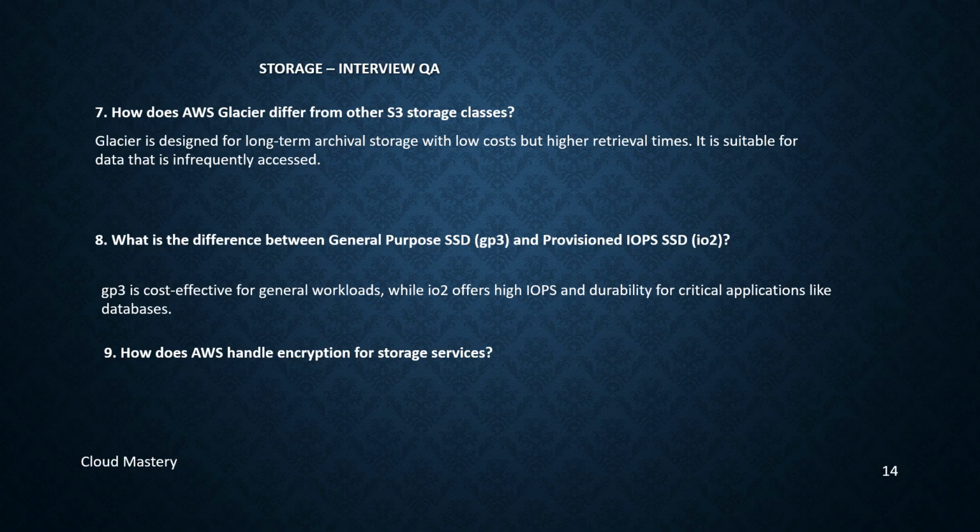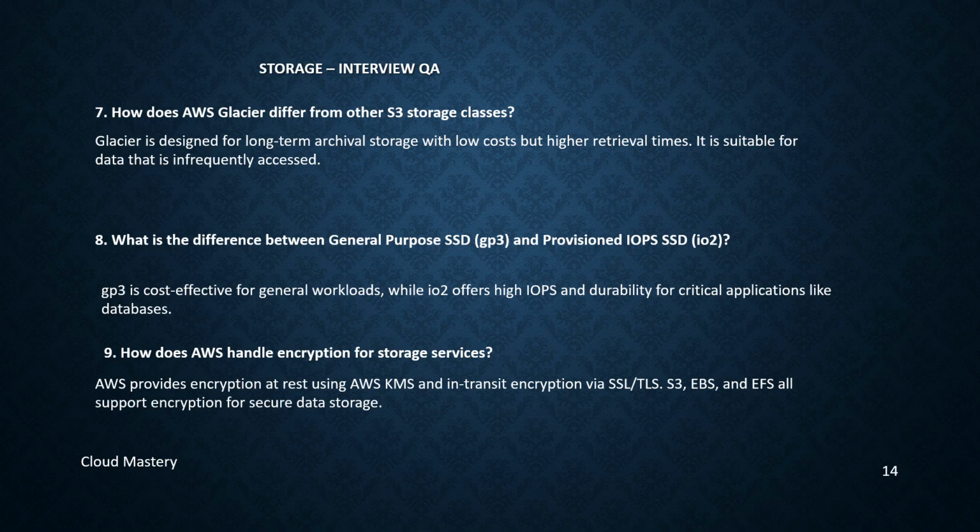When I say all layers, I mean object storage, file storage, and block storage. You can see here it provides encryption at rest using AWS KMS and encryption in transit via SSL/TLS certificates with S3, EBS and EFS. So all types of encryption we can support for secure data storage.